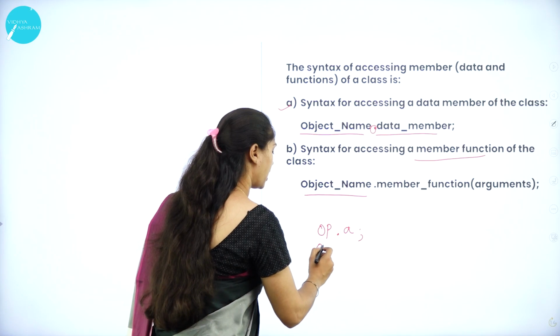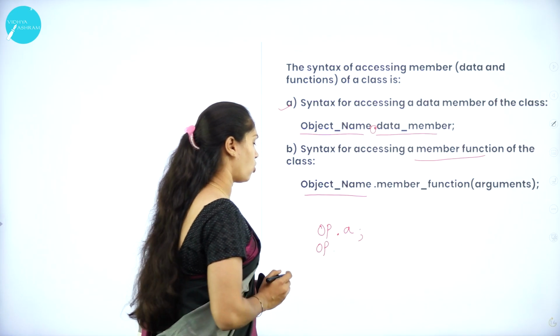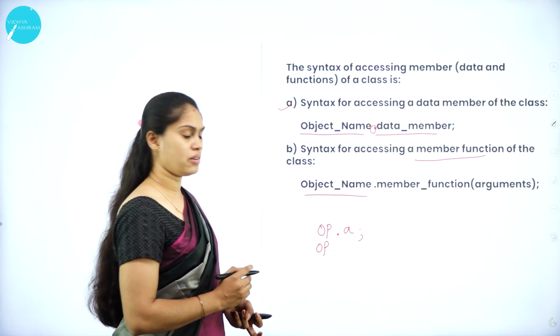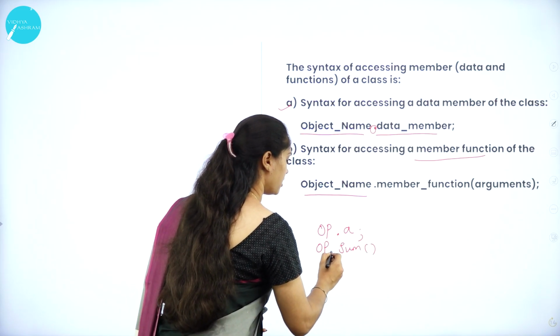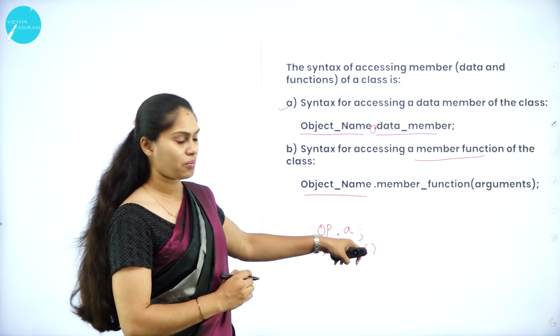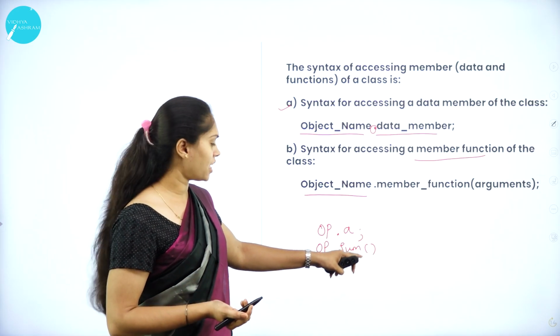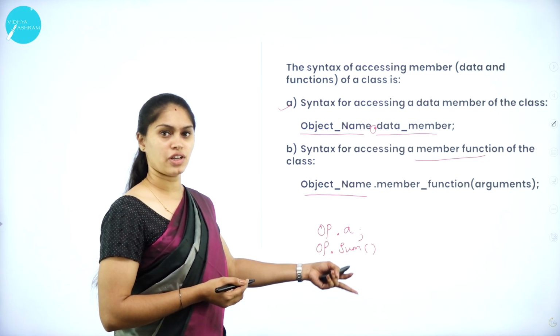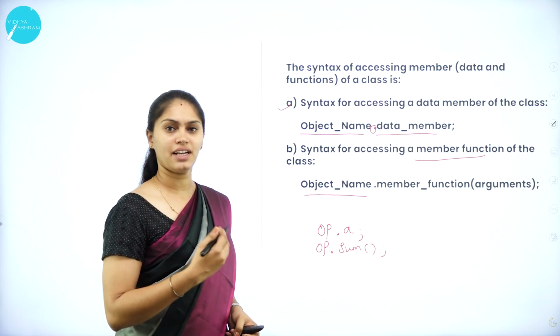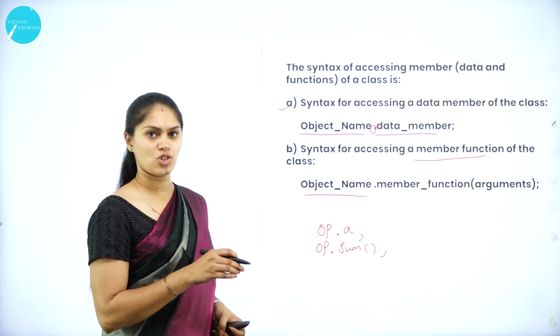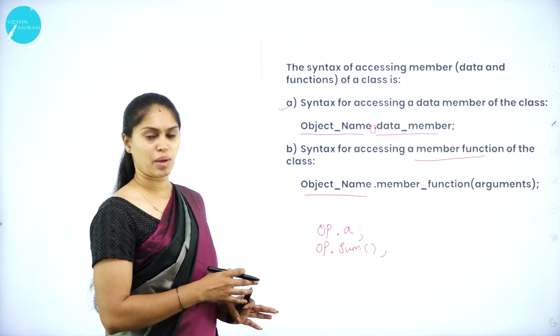So here I take the same object name, OP, and dot. There I have two member functions, sum and product. Did I mention any arguments or parameters? No. So here also I am not going to take any arguments or parameters, followed by a semicolon, which indicates the termination of the member function call.